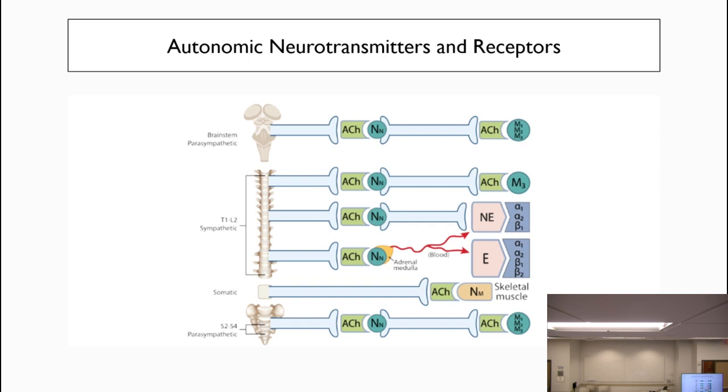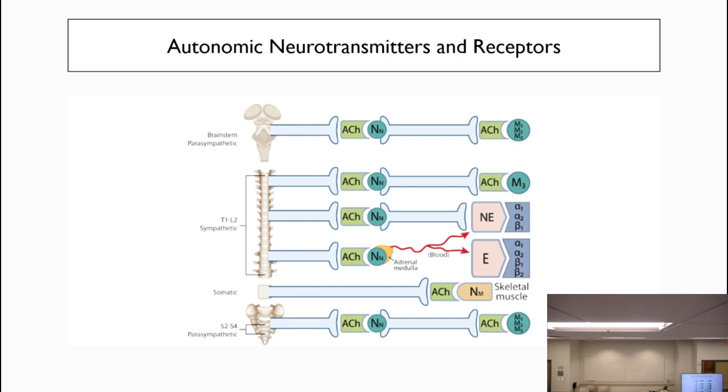And the one below is the sympathetic stimulation of the adrenal medulla. The adrenal medulla is like a ganglion. You have a preganglionic neuron that sends acetylcholine to these receptors on the cells in the adrenal medulla. And these cells, instead of releasing the neurotransmitter into a synapse, release it into the blood.